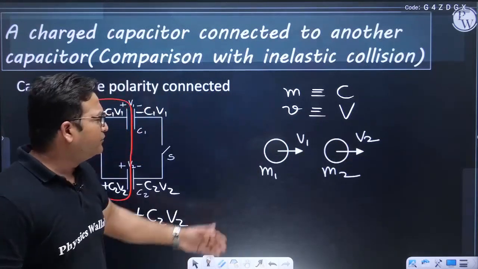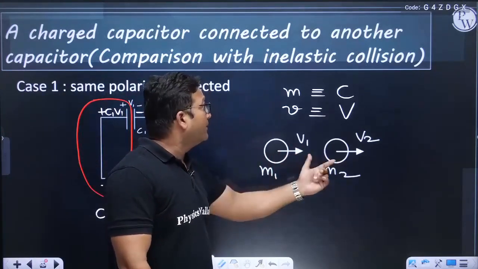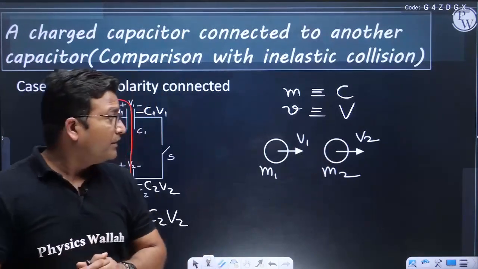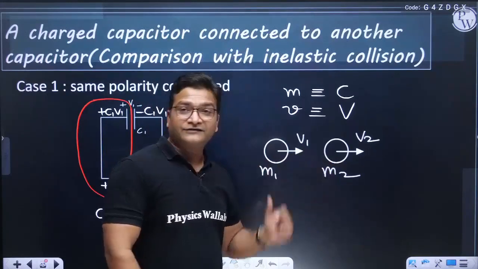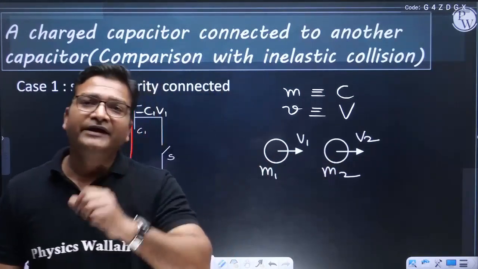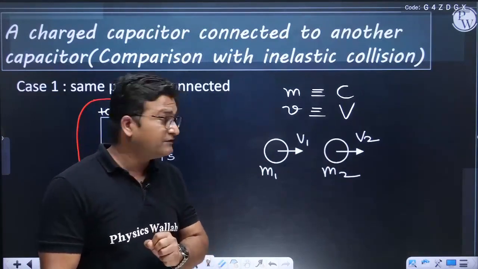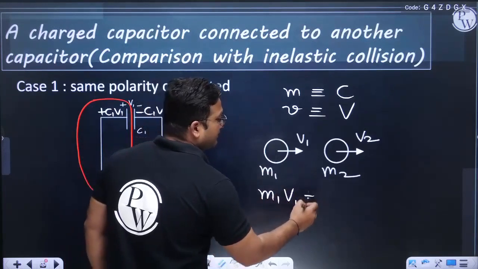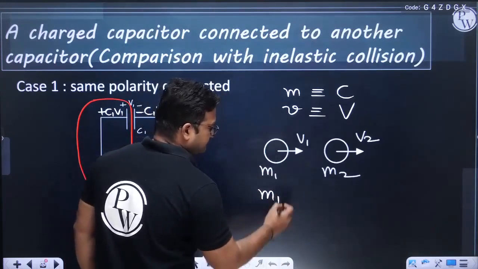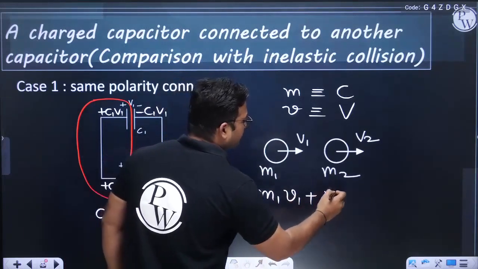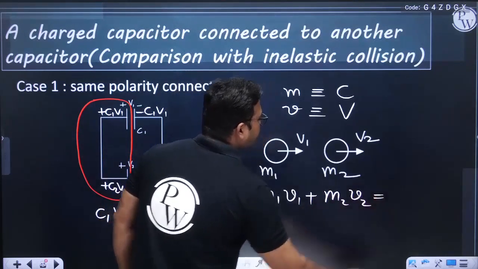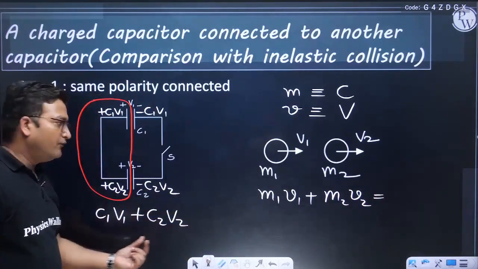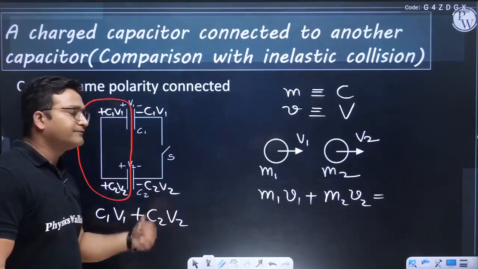And as you know, when these two masses make an inelastic collision, finally they move with same velocity. Whenever they make a collision, the linear momentum is conserved. So if you write linear momentum here, it will be m1 v1 plus m2 v2. We have masses in place of capacitances and velocities in place of voltages.